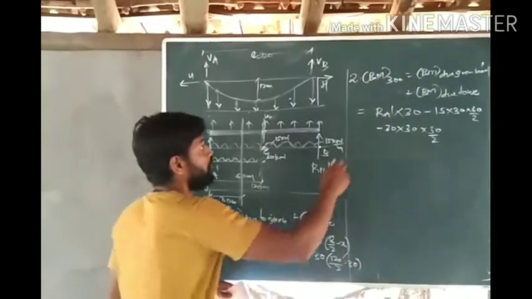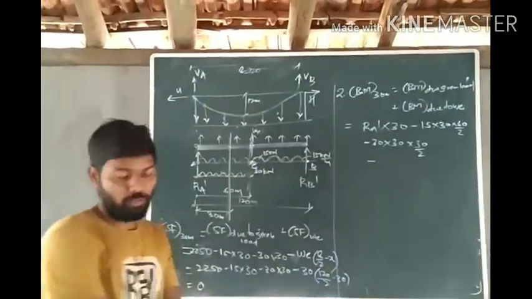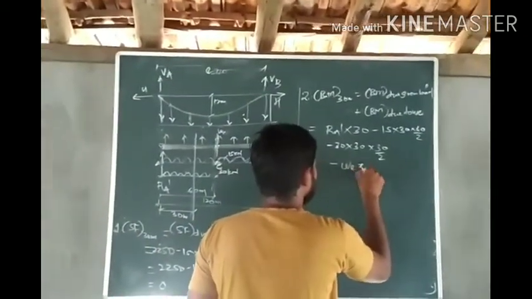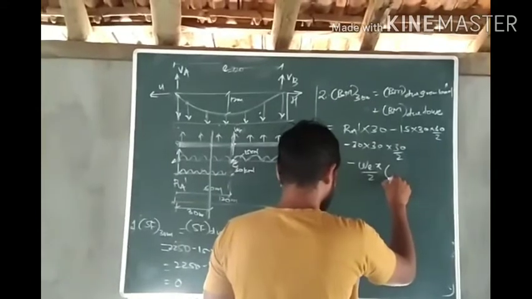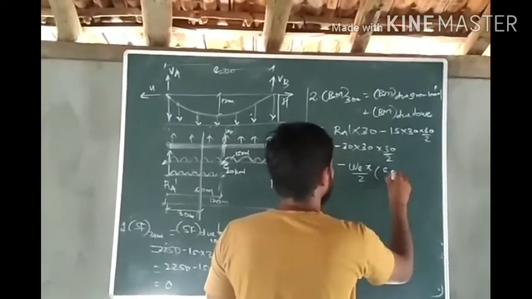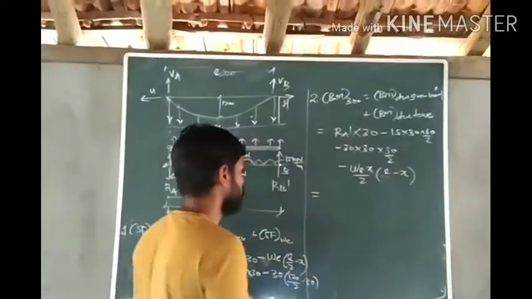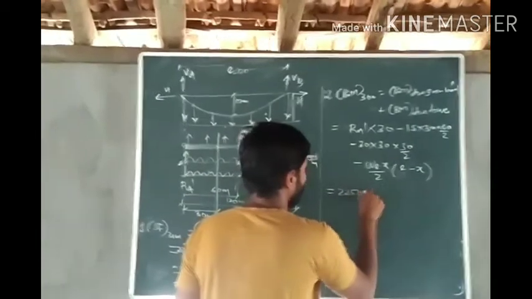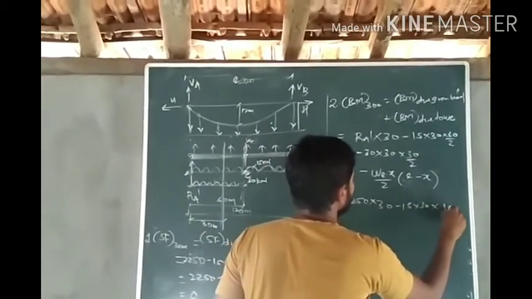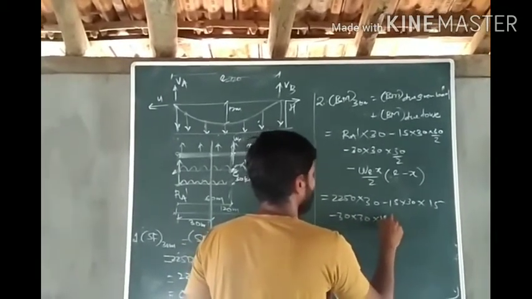Then bending moment due to WE. Again we have derived one more formula to calculate the bending moment due to WE. That is WE into X divided by 2 into bracket L minus X. Just substitute all the other values. 2250 into 30 minus 15 into 30 into 15 minus 30 into 30 into 15.